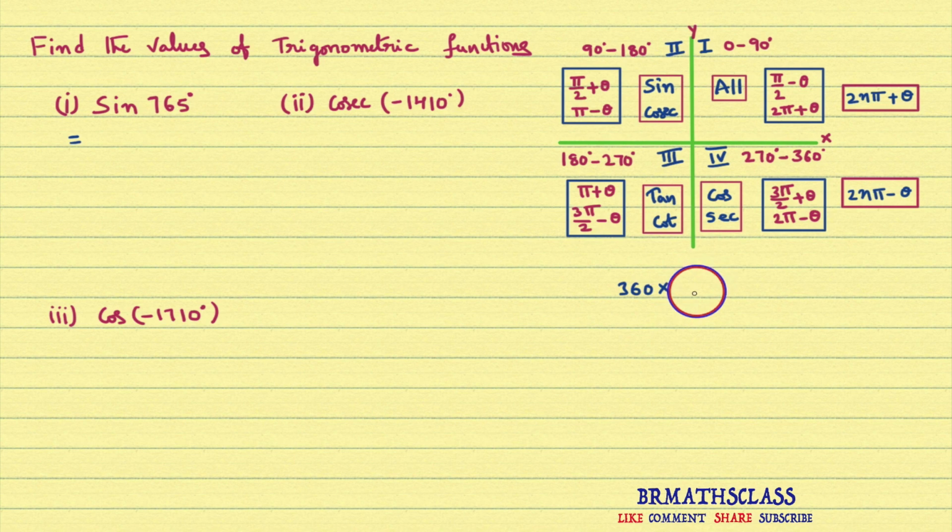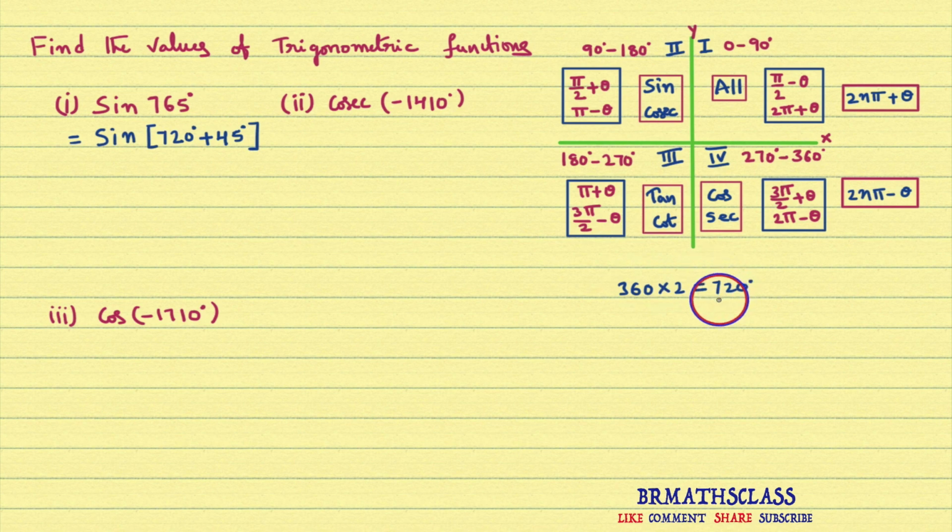Multiply 360 by some number such that it gives a number nearer to this. 360 into 1 is 360. 360 into 2 is 720 degrees. 720 degrees is the nearest value. So what I'll do here, sine 765 degrees, I'll write it as 720 degrees plus 45 degrees. Please try to understand. 720 degrees plus 45 degrees is 765 degrees only.